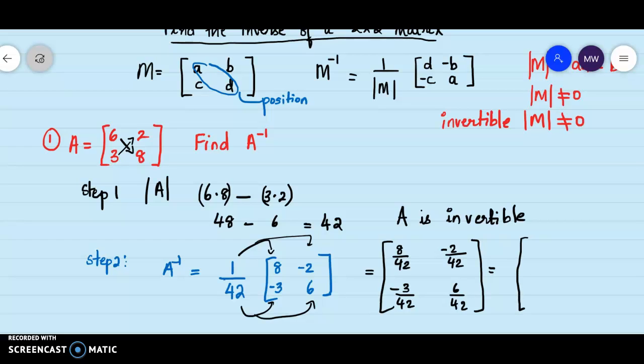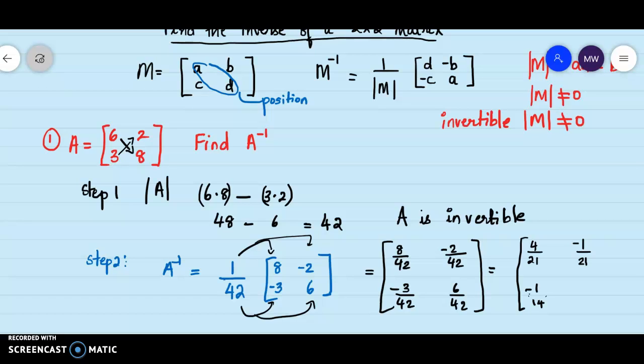So let's do that. 8 over 42, they both divide by 2, so we get 4 over 21. Negative 2 over 42, they both divide by 2, so we get negative 1 over 21. Here, negative 3 over 42, 3 goes into 42 14 times. I don't think I can write 3 again, that should have been a 1, sorry about that.